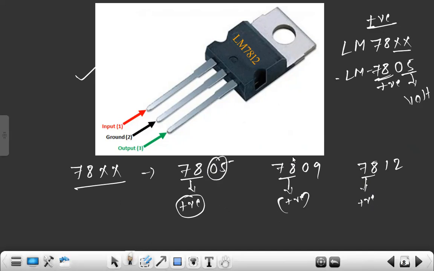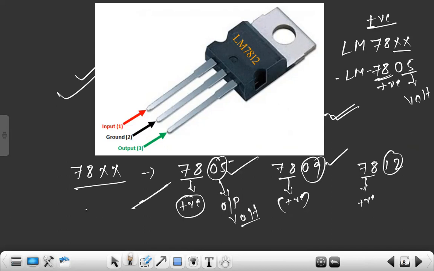And this 05, this 09, this 12 is mainly for the output voltage, the output voltage which is produced or delivered by this 7812, 7805, or 7809.